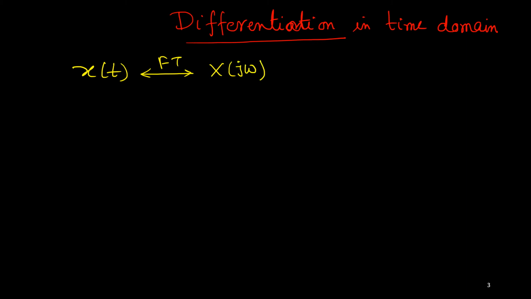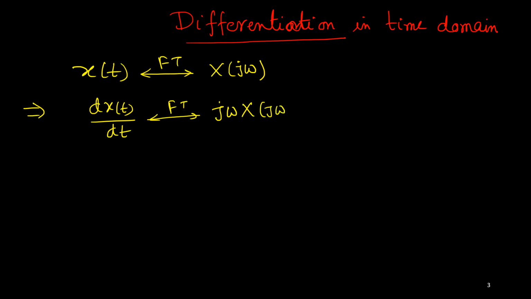By this differentiation property, if we take the derivative of this signal x(t), then its Fourier transform will be j omega times capital X of j omega. So now try to prove this one.